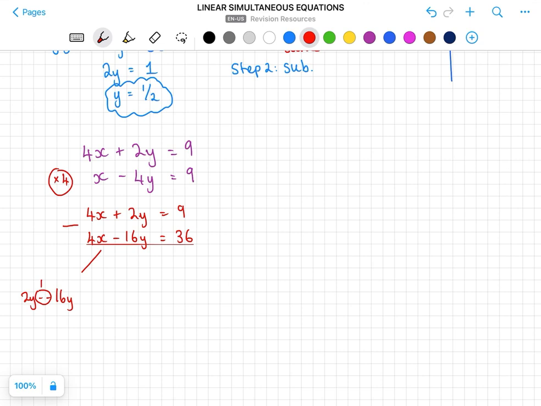A minus and a minus next to each other gives us a plus. So that's 18y equals 9 take away 36, giving us minus 27. We divide both sides by 18. That's y equals minus 1.5.